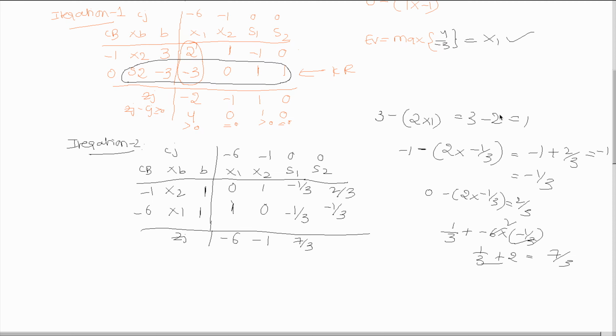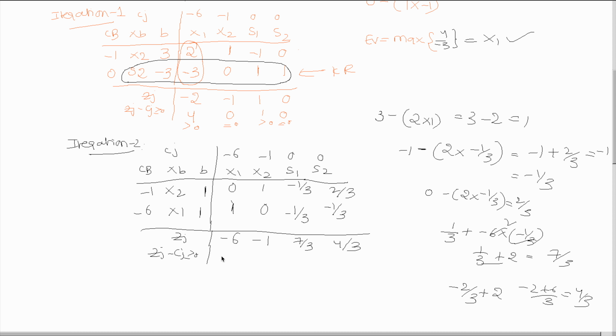Here minus 2 by 3 minus 6 into minus 1 by 3 plus 2, 6 minus 2 plus 6 by 3, 4 by 3. Find Zj minus Cj greater than or equal to 0.